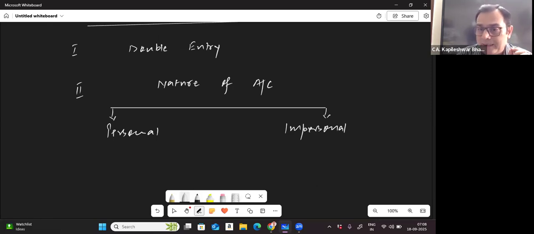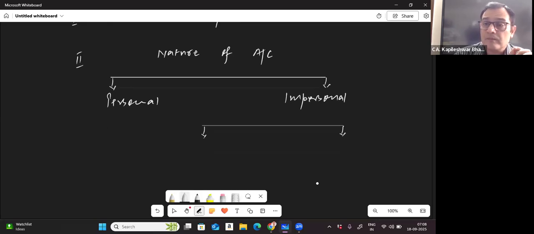Now, the impersonal account is further divided into two types: one is called real and one is called nominal. So we've got two natures of accounts, personal and impersonal, and the impersonal account is divided into real as well as nominal accounts.